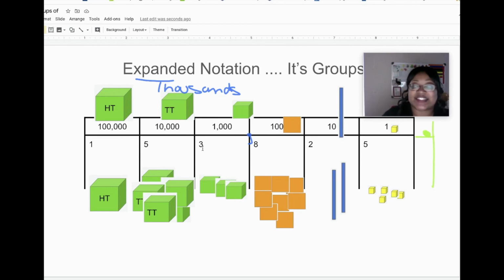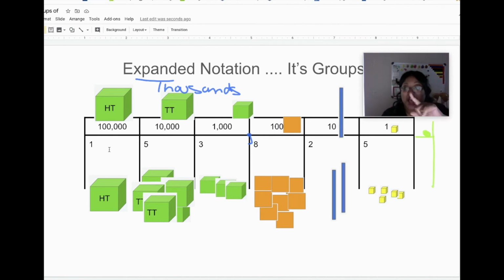So this is 3 groups of 1,000. This is 5 groups of 10,000. So when you see the comma, you say its last name, right? All right.